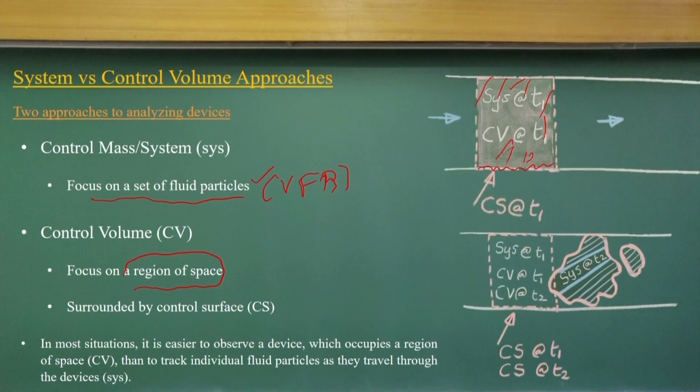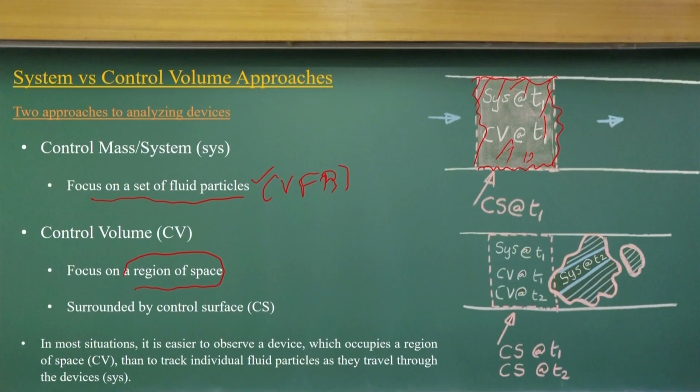When you have defined the space, you will have a control surface. You can see in these figures, you will have the control surface. Through this control surface, the fluid balls will come in and go out.